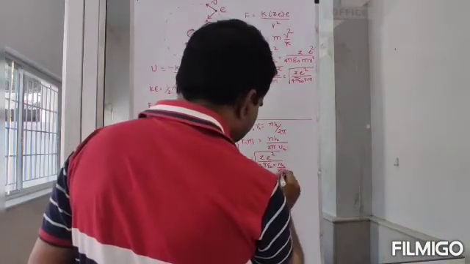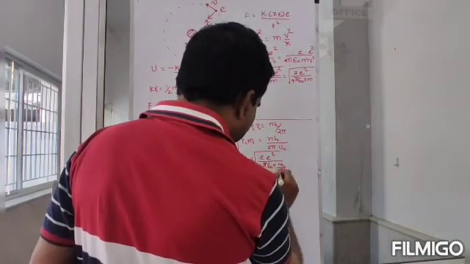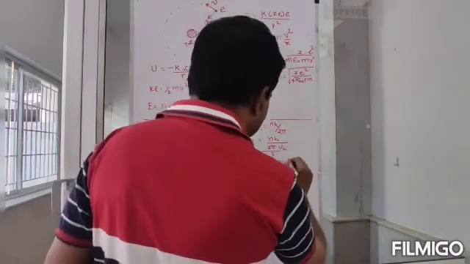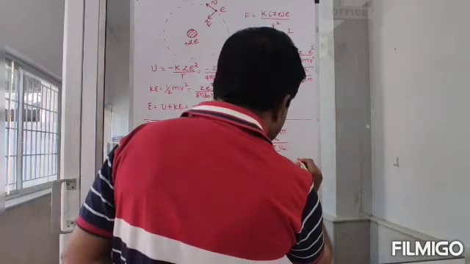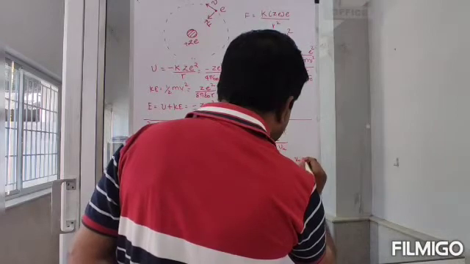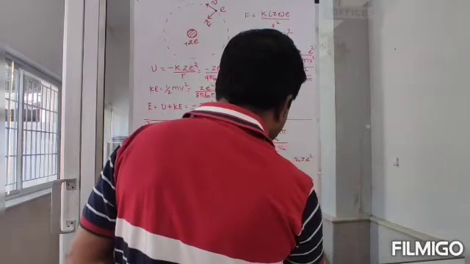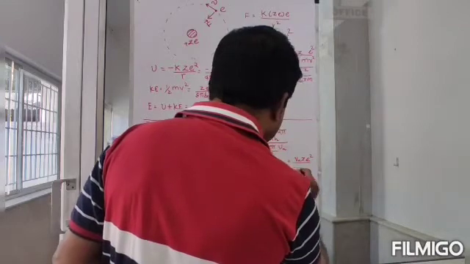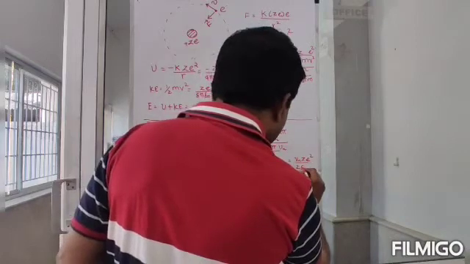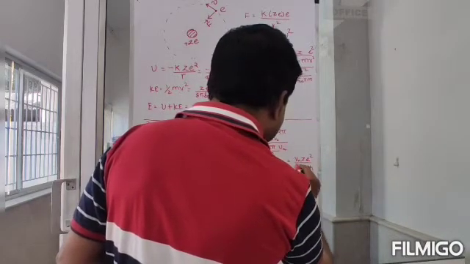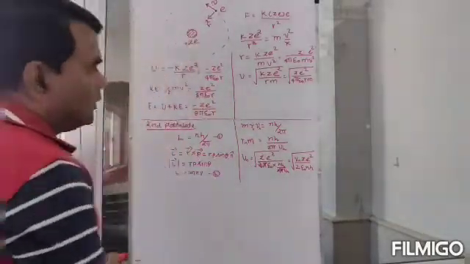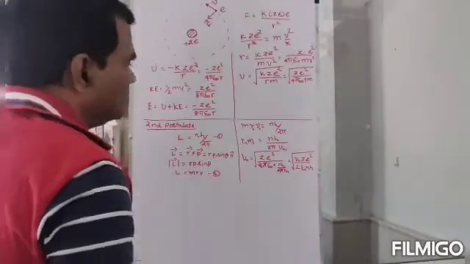So pi and pi will cancel, and the 2 will cancel with this 2. So that gives you Vn equals Z e squared by 2 epsilon naught n h Vn.